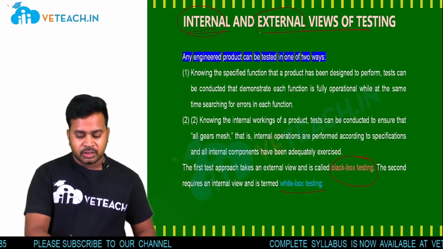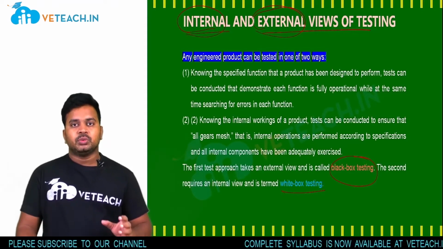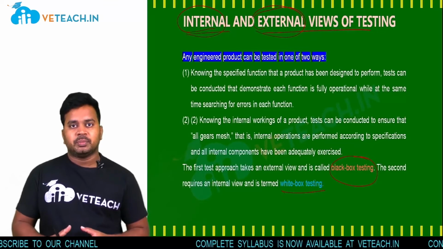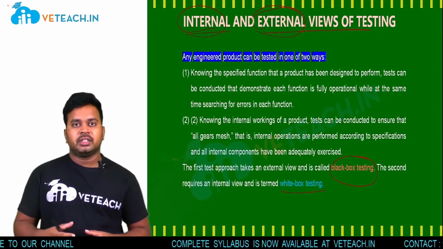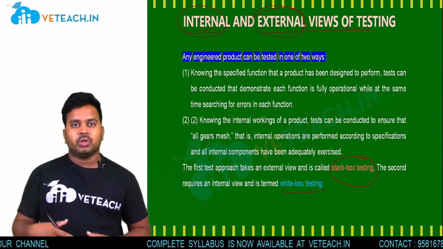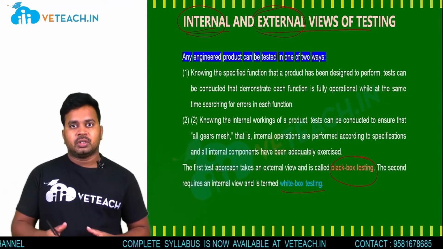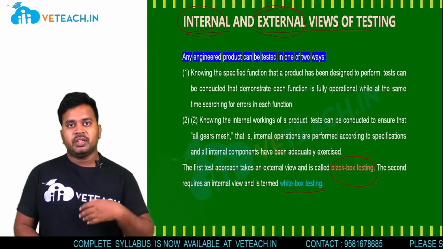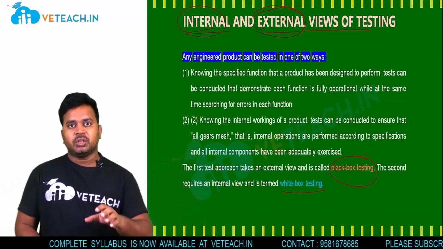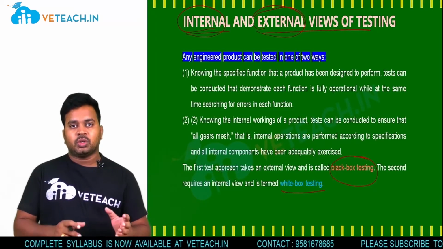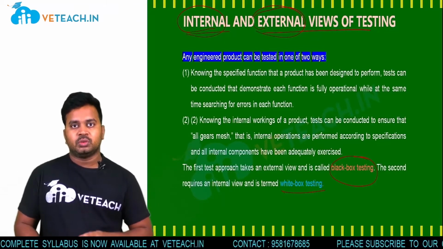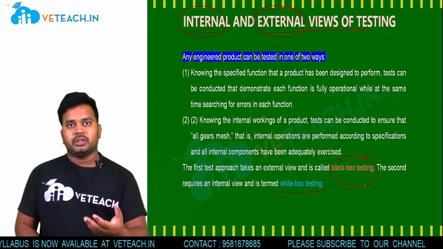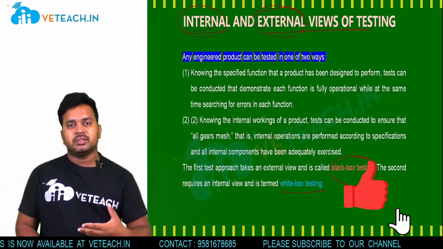Whereas in external testing, we focus on the functions. For example, take a student who wants to apply for an MSET exam. Applying for the exam is one particular function. What requirements does he need to perform that function? We test that function to see whether there are any problems.